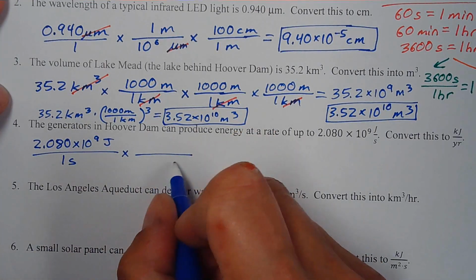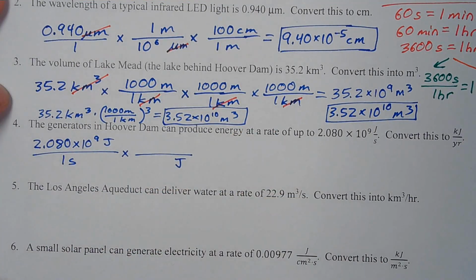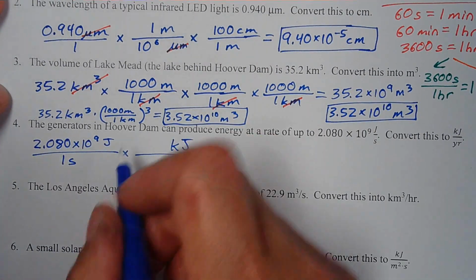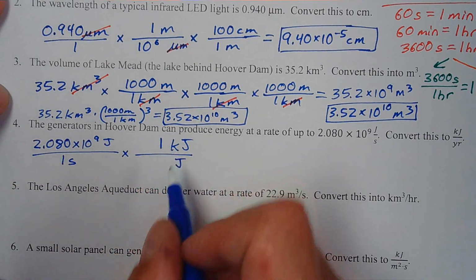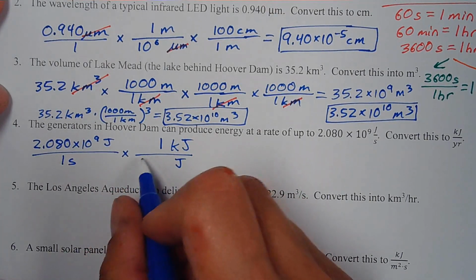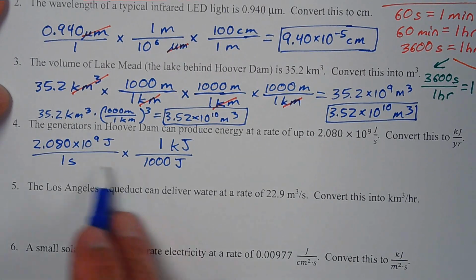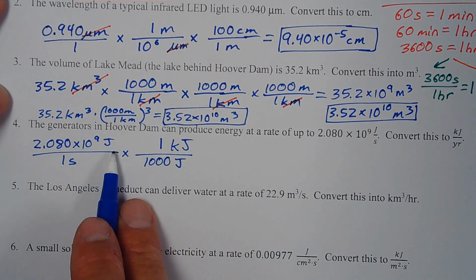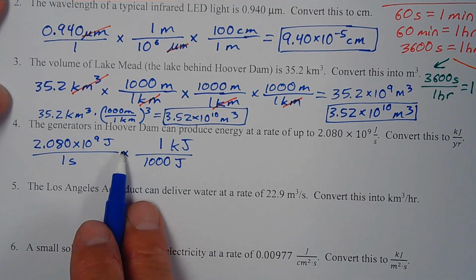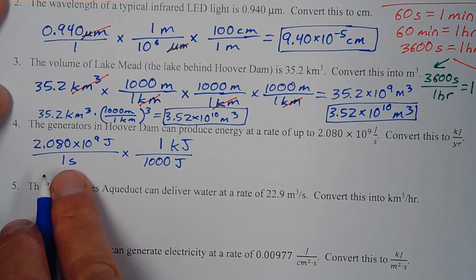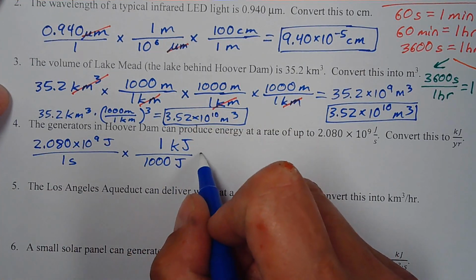We want regular joules on the bottom and kilojoules on the top, and 1 big unit is the same thing as 1,000 smaller units. So that's the conversion factor we use to get from regular joules to kilojoules.